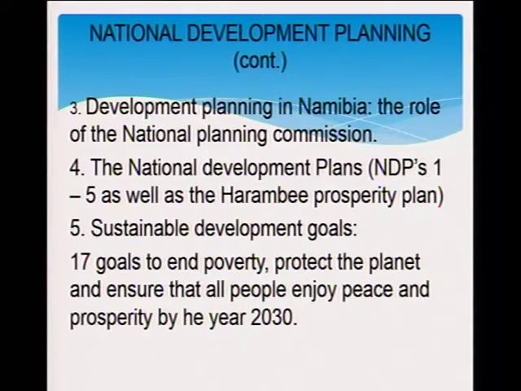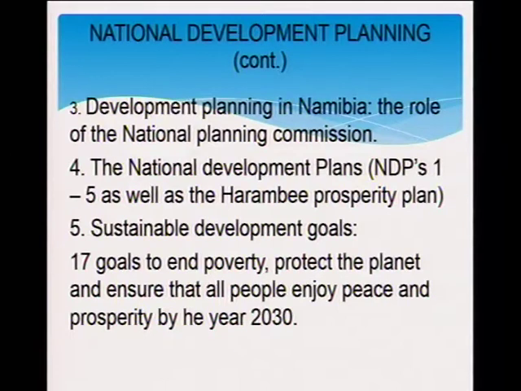And try to have a feel of what the government has planned to do towards the Vision 2030. The Vision 2030 is the end point of these plans, and between independence, the first plan, and the Vision 2030, there's a structure on how the development of the country would be.